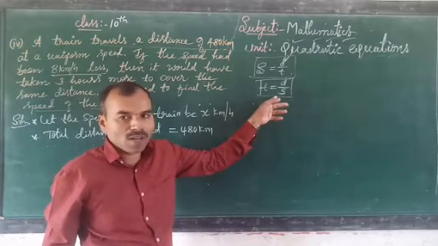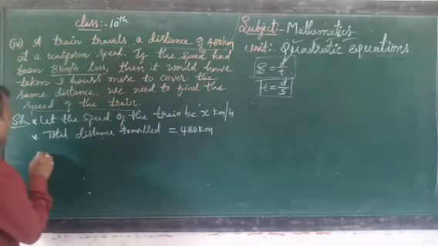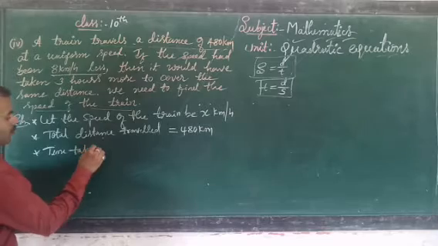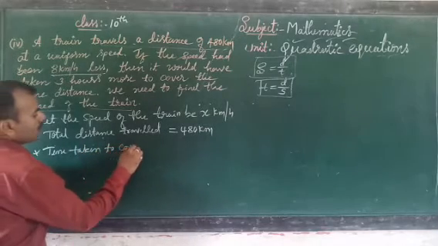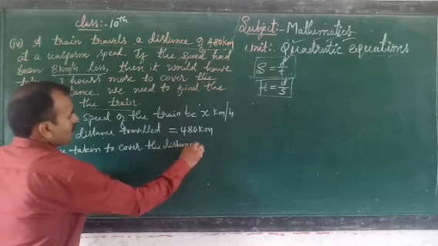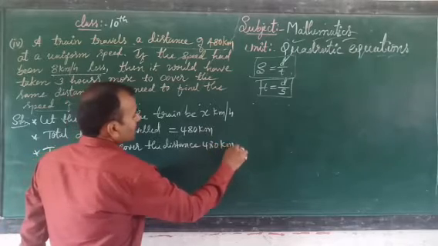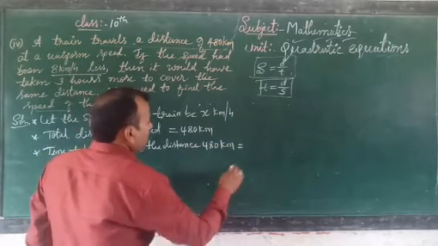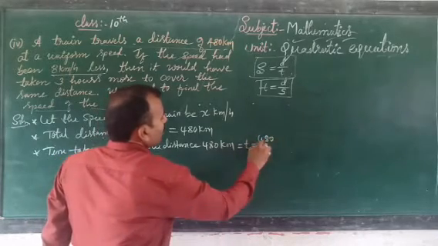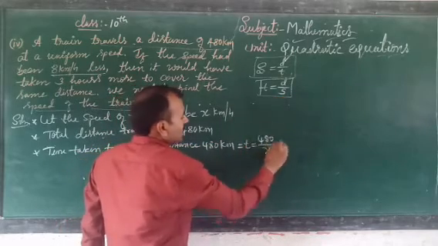By using this formula, we find the time taken to cover the distance 480 kilometer. Time is equal to 480 by x, where distance is 480 and speed is x.